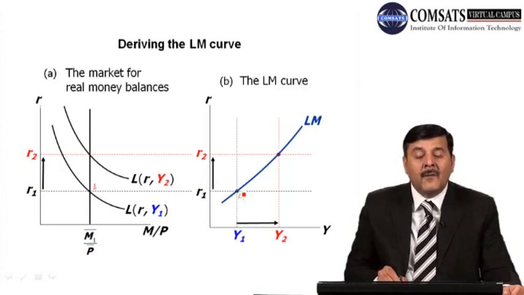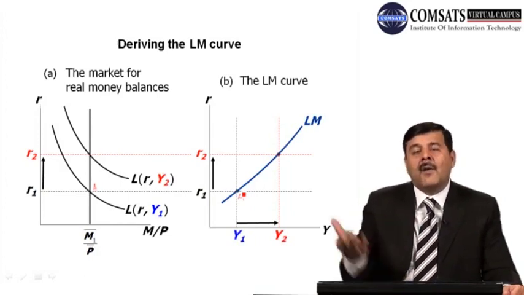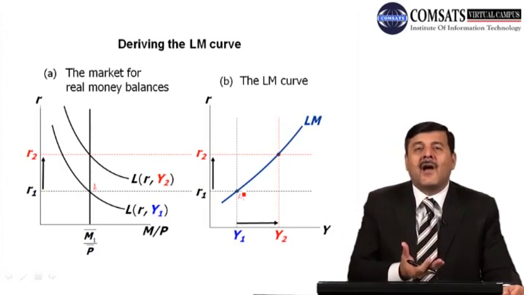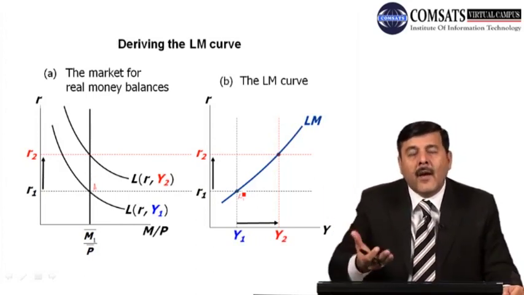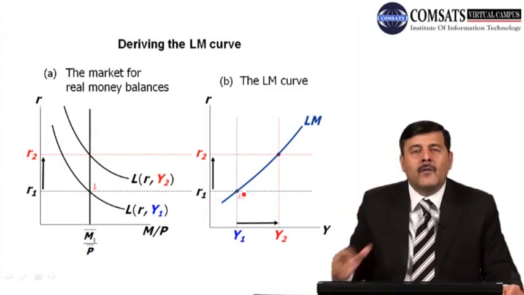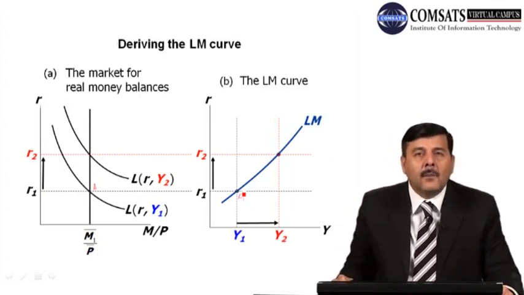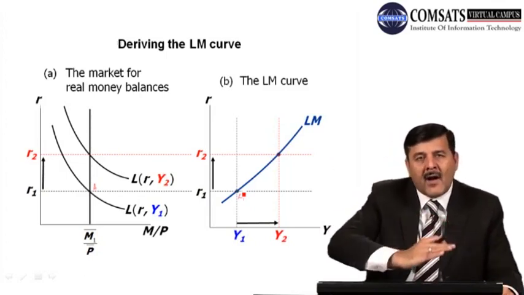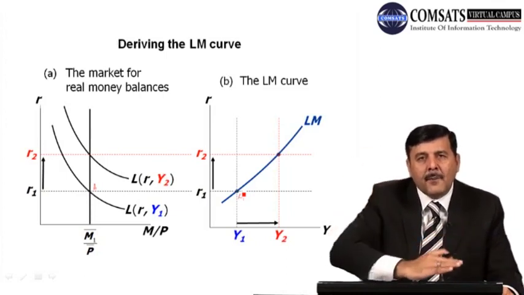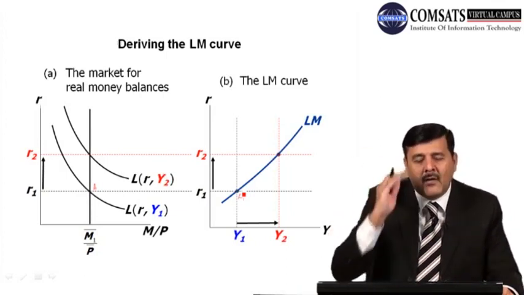Now suppose the demand for money goes up with the increase in income level. If income goes up from Y1 to Y2, income and demand for real money balances have a positive relationship. If income increases, the demand for real balances will also increase. So the demand for money curve, the demand for real balances curve, will shift rightward, right.